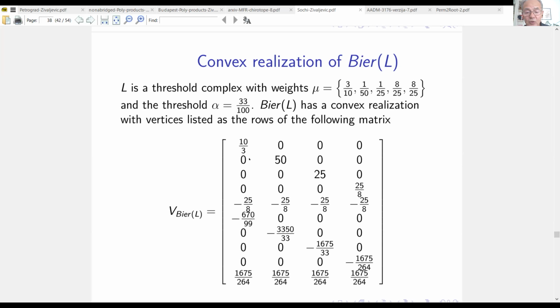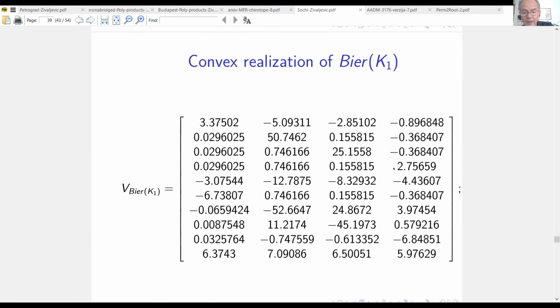The 10 vertices are the rows of this 10 by 4 matrix. So this is the first convex polytope we start with.